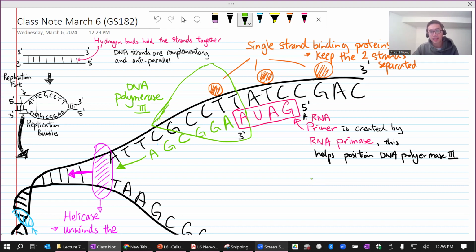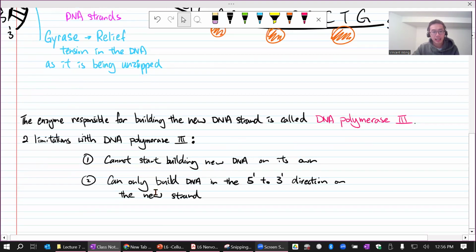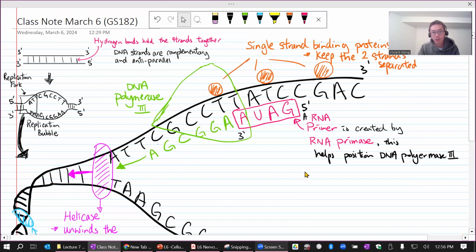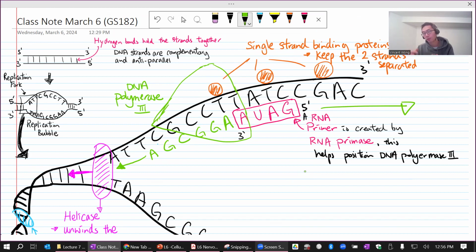And remember, the second limitation here is that it can only build in the 5' to 3' direction, right? So that's why we are going this way. We're going into the fork. We're not going this way because that would be in the opposite direction, the 3' to 5' direction. So you're going to be copying the top strand like that.